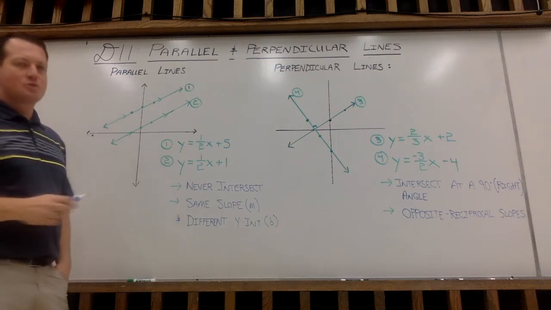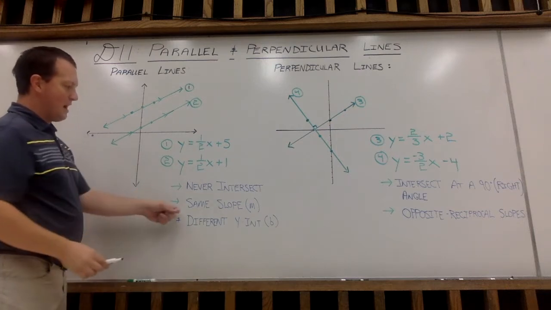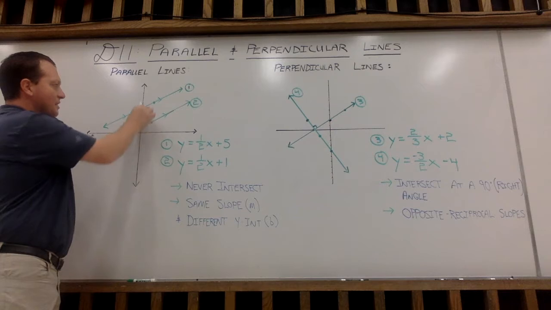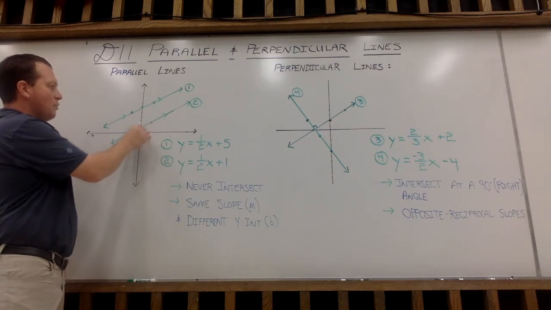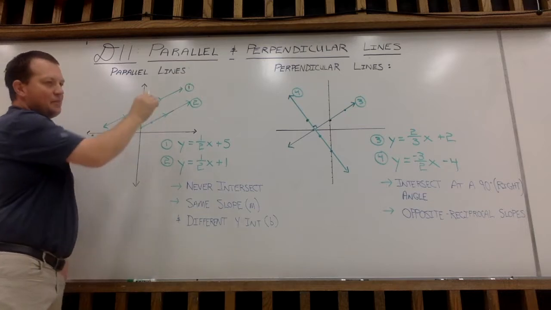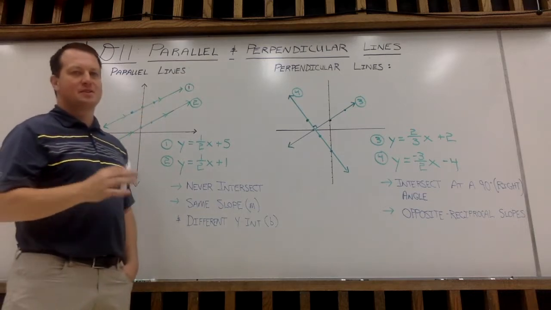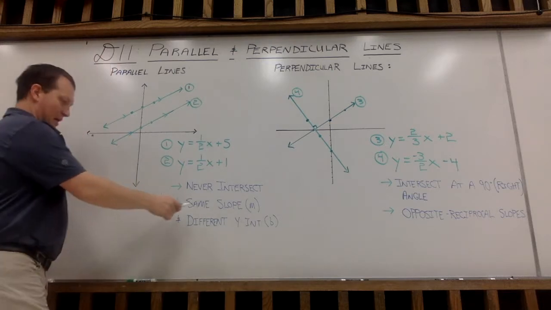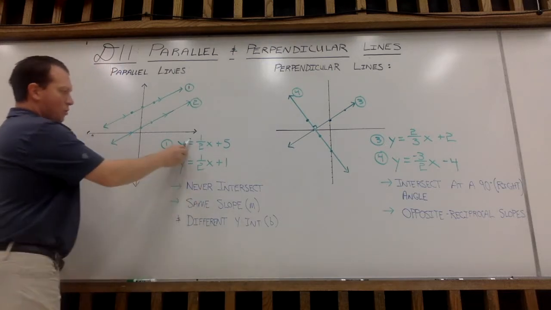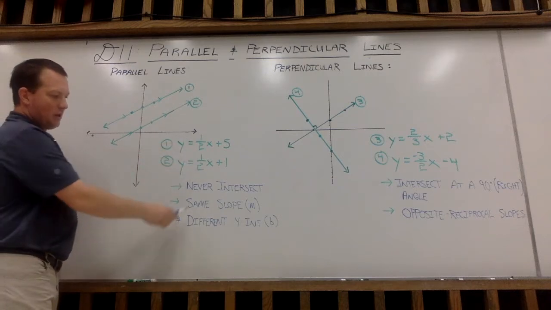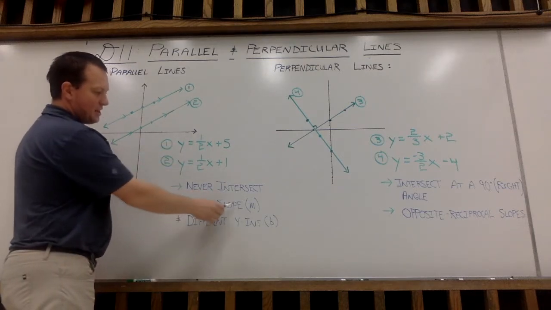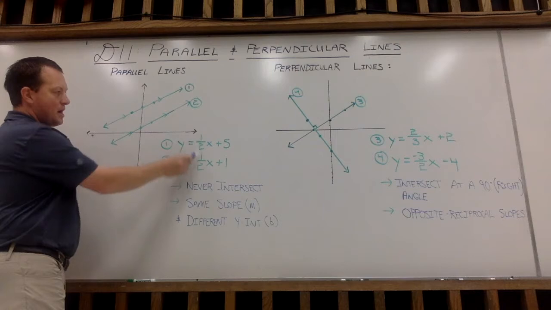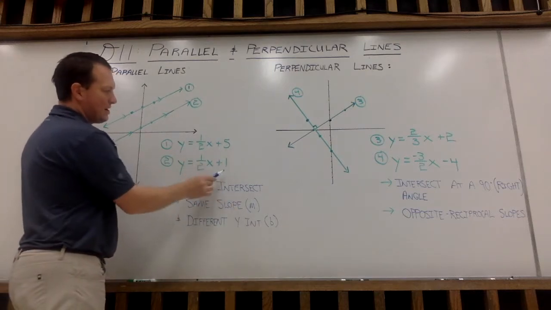So that same slope is going to allow these two lines to always stay 1, 2, 3, 4 units apart, 1, 2, 3, 4. They rise and fall at the same slope rate of change. So in general, if you have two lines that are parallel, they'll never cross. They need to have the same slope, same m, but a different y-intercept.